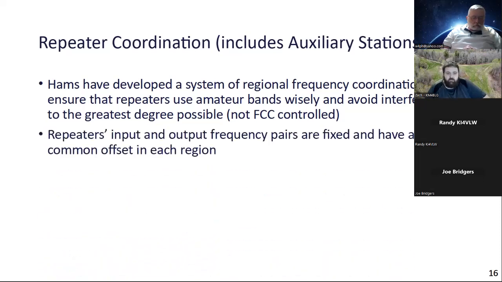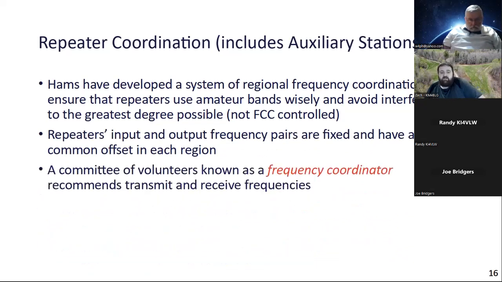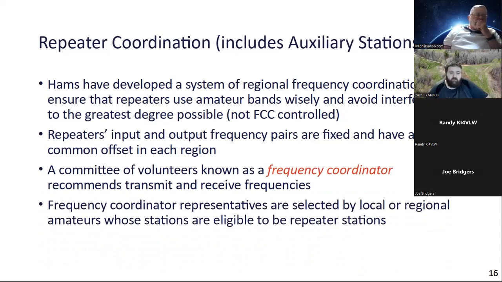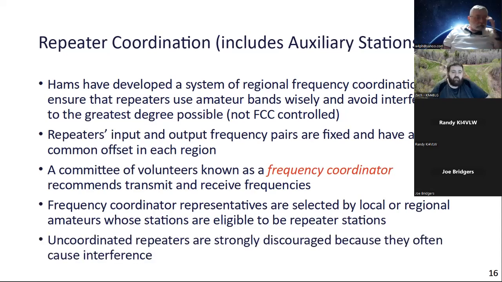Basically, repeaters' input and output frequency pairs are fixed and have a common offset in each region. A committee of volunteers known as a frequency coordinator recommends transmit and receive frequencies. Frequency coordinator representatives are selected by local or regional amateurs whose stations are eligible to be repeater stations. And uncoordinated repeaters are strongly discouraged because they often cause interference.